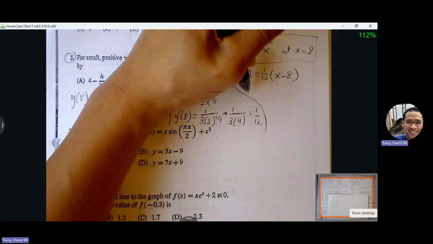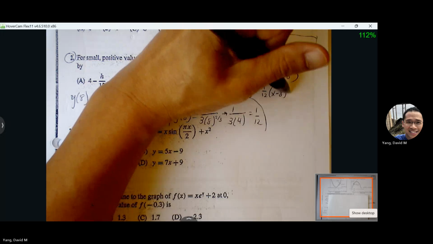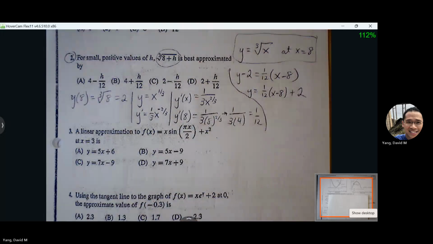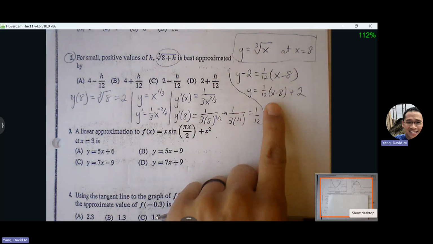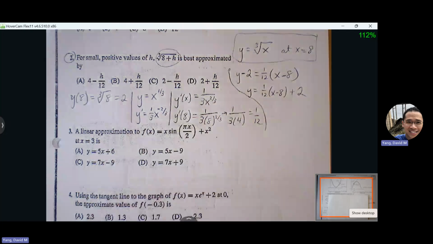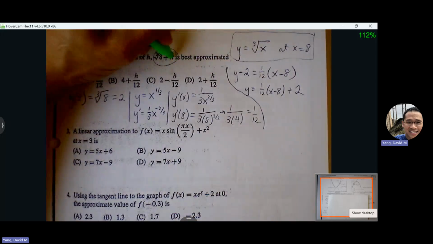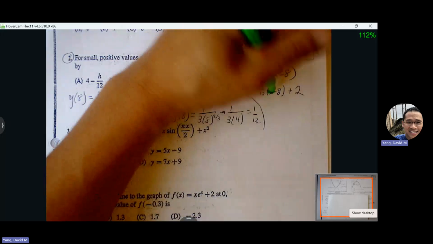And then solve for y. And then we're looking for some decimal value that is 8.2 or 8.3, but it'll just be a plus h. So all we need to do is our linear approximation part of this problem is just plugging that a plus h in for the x.